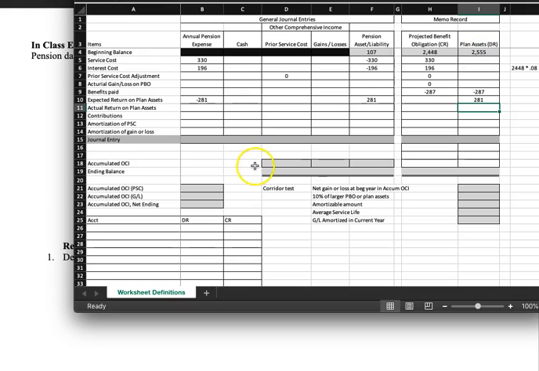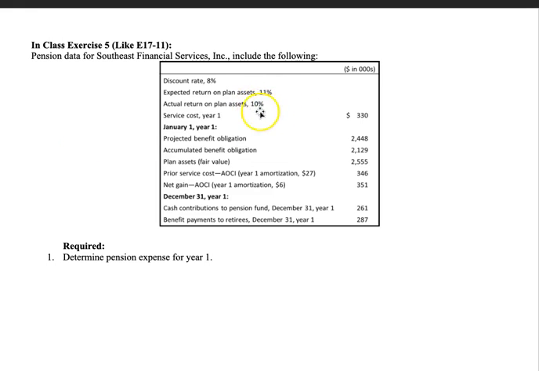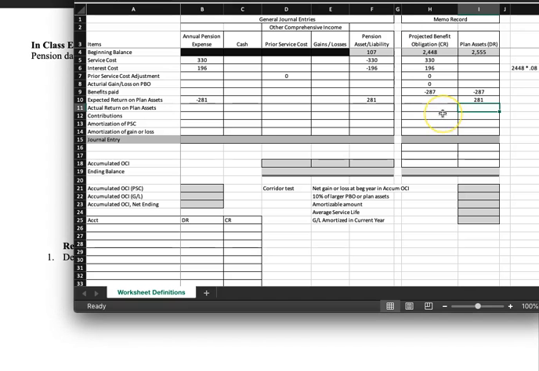Now in our problem here, on our actual return, we had 10% actual return on plan assets. So we'll do the same thing. We'll go in and we'll say, okay, 2,555 times 10% is 255.5 or 256. So 281 versus 256.